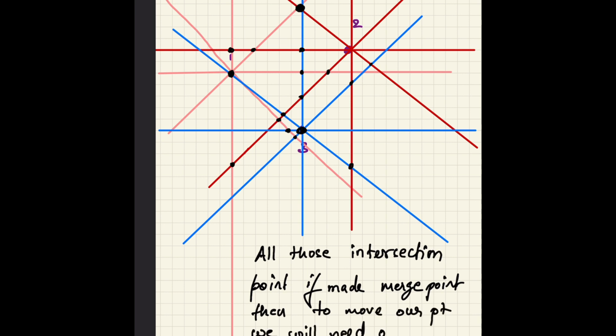So the more points are merging, the lower the cost will be.